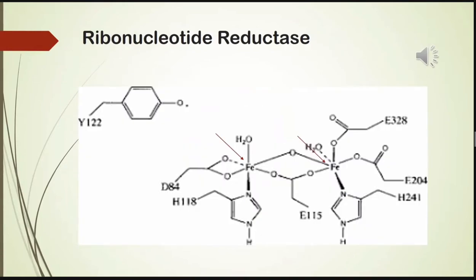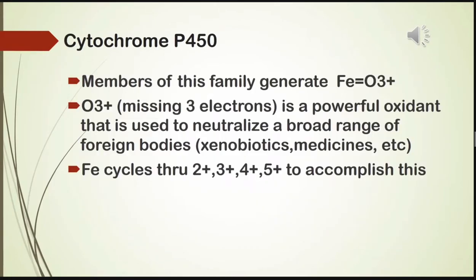In this slide, I'd just like to show you the active part of your ribonucleotide reductase, showing actually two atoms of iron. Members of the Cytochrome P450 family are able to generate this powerful oxidant, which is your O3+, from iron.